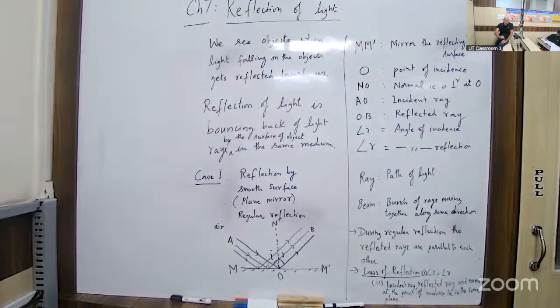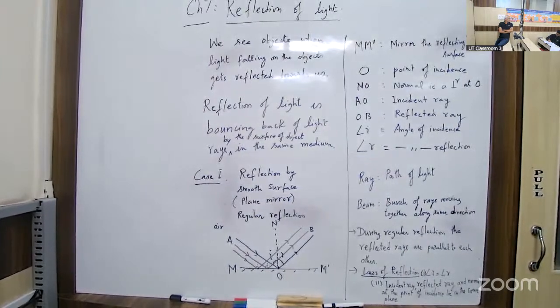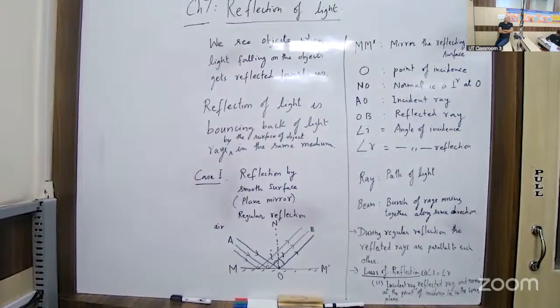Now let us discuss case 2, reflection by rough surface. The example of plane surface was plane mirror. So what is a plane mirror? Mirror is a surface which helps in reflection of light.